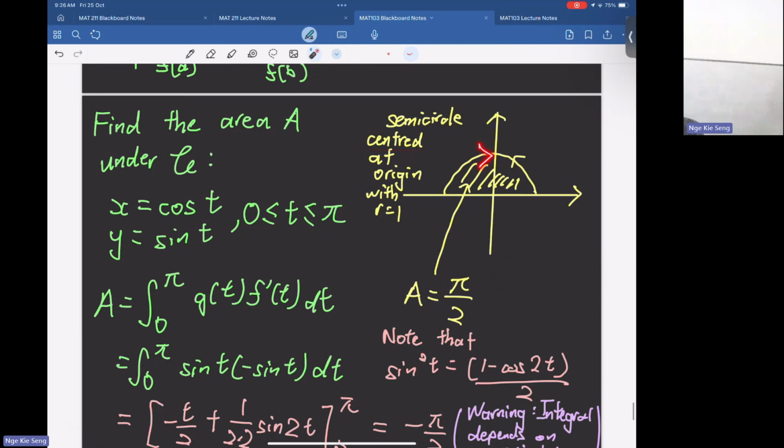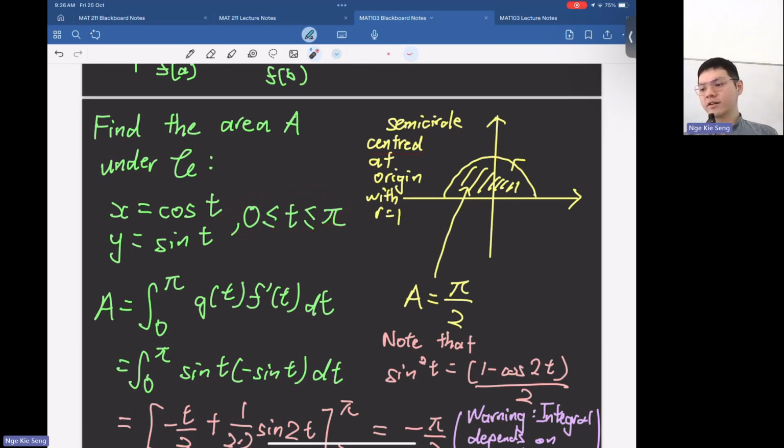Do you know how to swap this direction or not? Is there any way to swap this direction? Can you change the domain such that the direction of the curve is going from left to right? Can you think of a way to do it? From what to what?